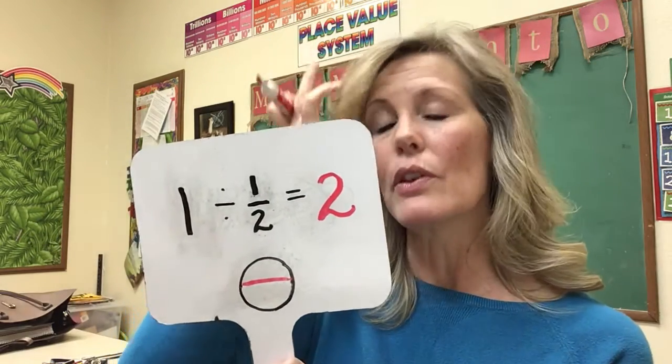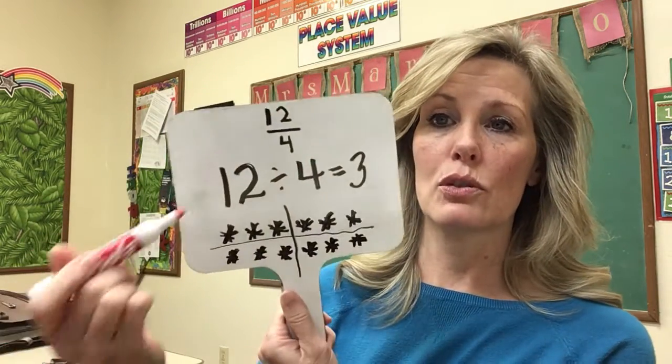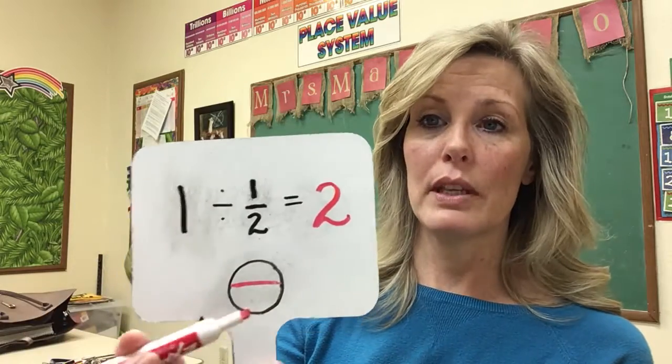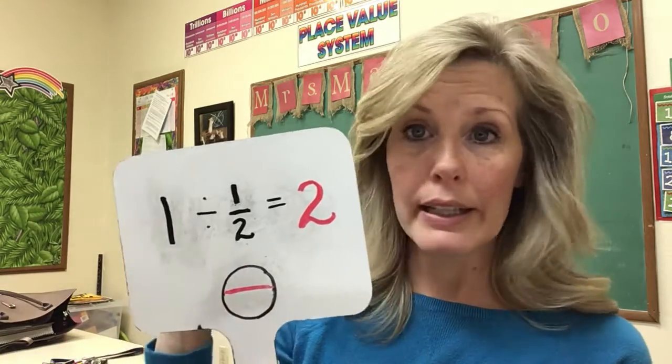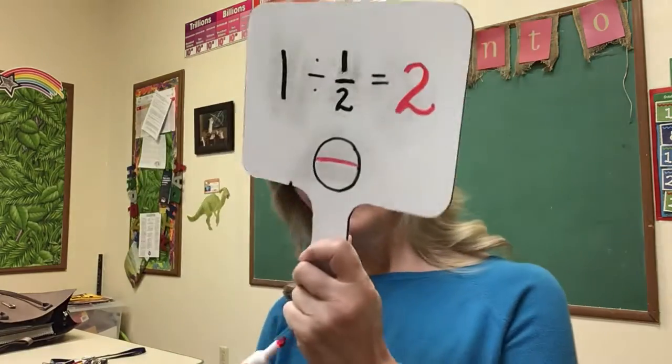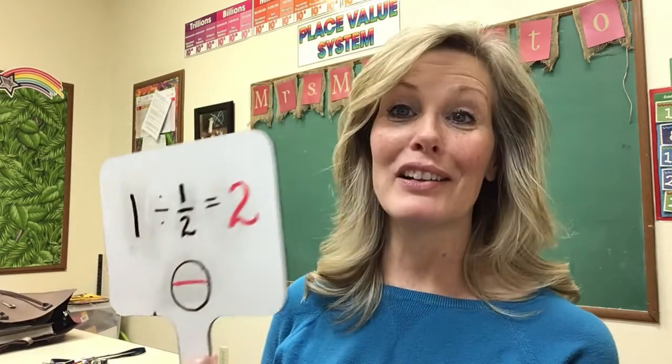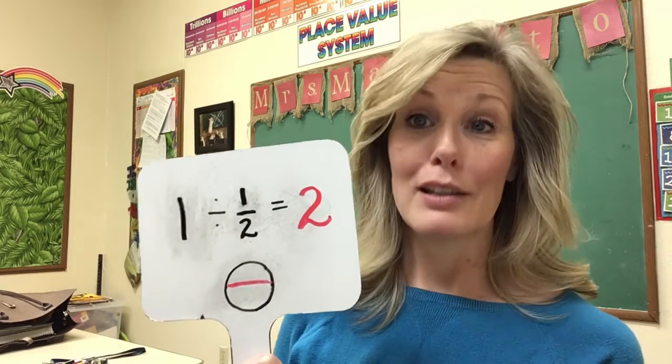Because I started out with only one thing instead of 12 things, this is easy to represent with just one circle, and I divided it into halves. So if we had been in class, we would have gotten full-size Hershey bars to work with today so that we could see what it's like when I'm dividing by fractions.